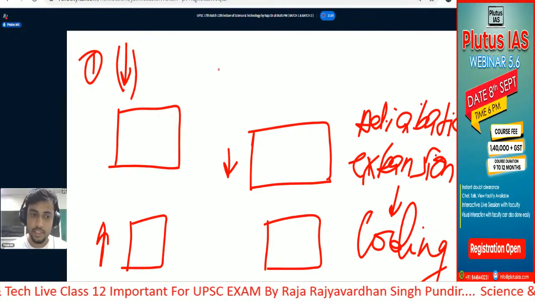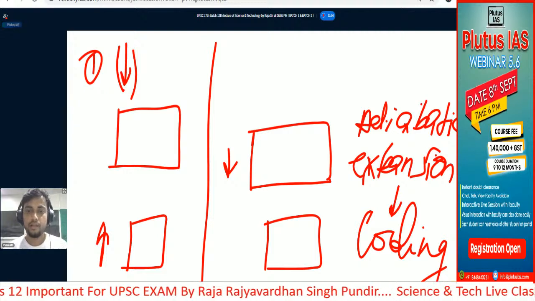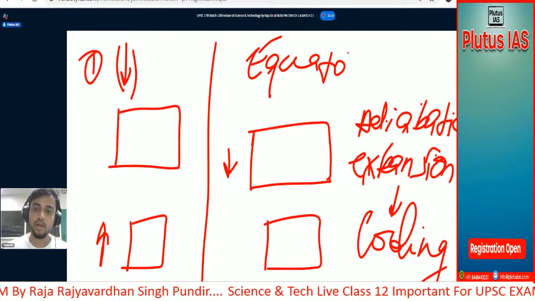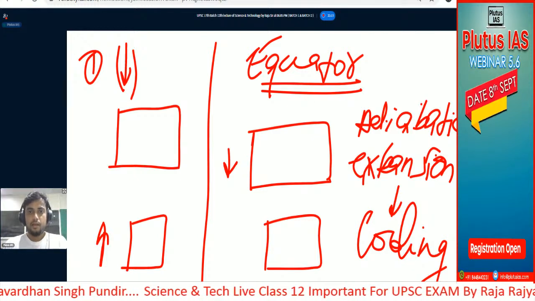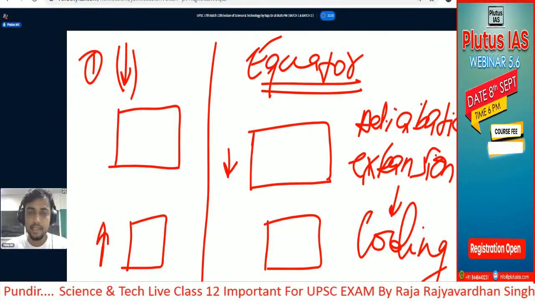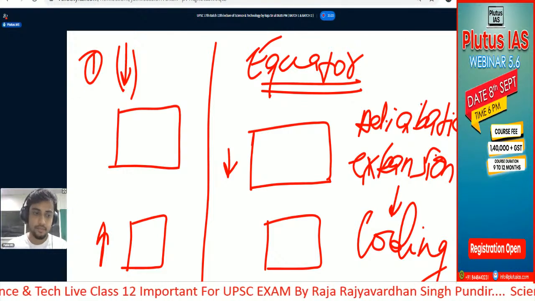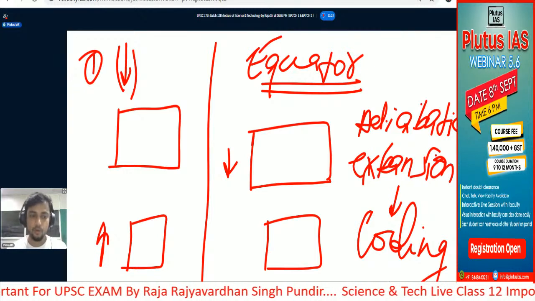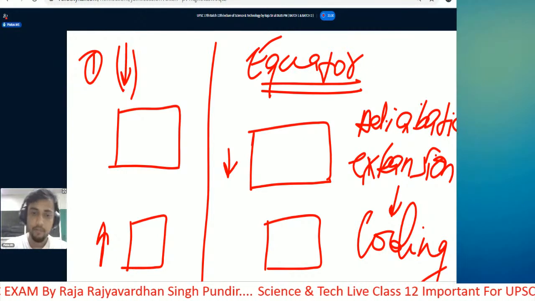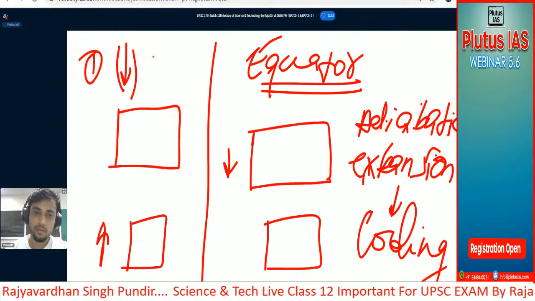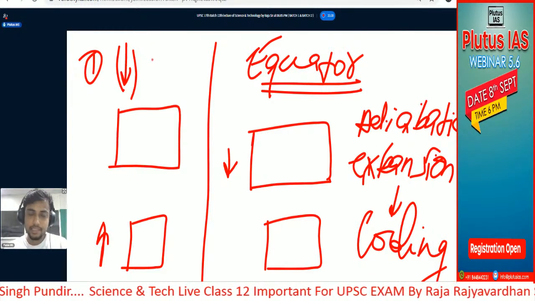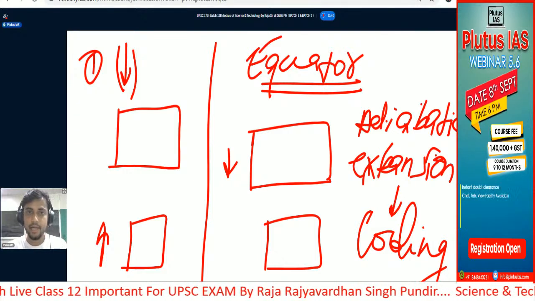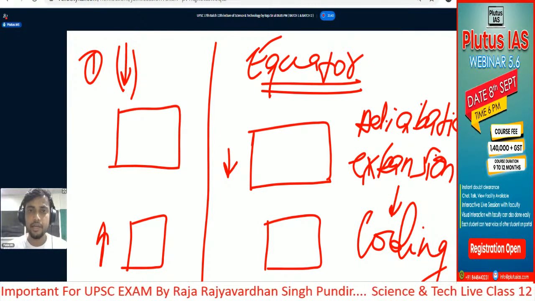Now for this reason, the clouds are formed in the equator, because when the air column rises up, its temperature drops and the water vapor present in it condenses. Yes, Priyanka, I will explain it. And when the air column descends, then we have the adiabatic contraction, and by adiabatic contraction we have the heating of the air column.